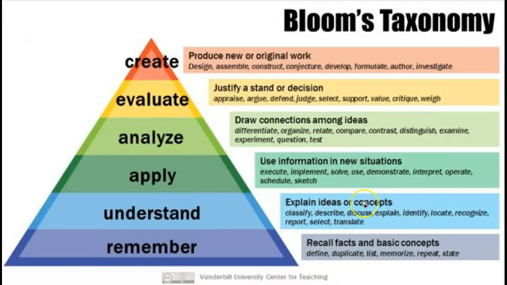The second stage is the understanding stage. And this is where, if you choose the wrong EPQ title, a kind of describe title, you will be just showing understanding, explaining. Now, the middle ranking skill there is the application, the apply idea, which is useful in the EPQ. Analyze, evaluate, and create, though, are at the top of the pyramid.